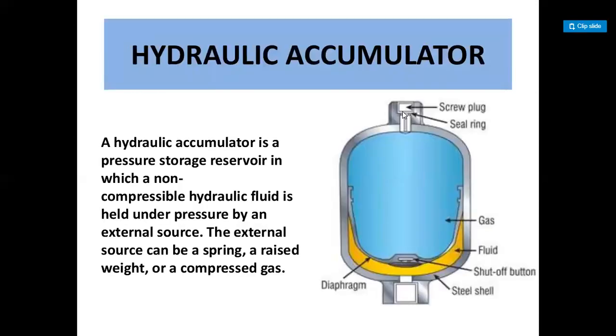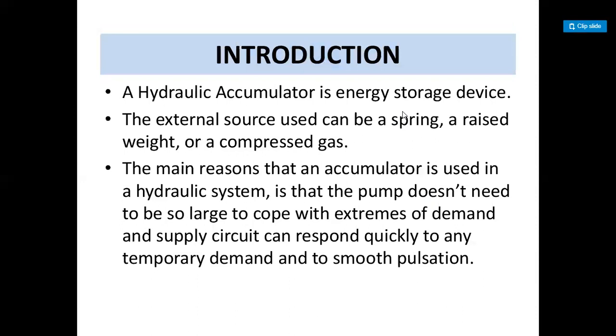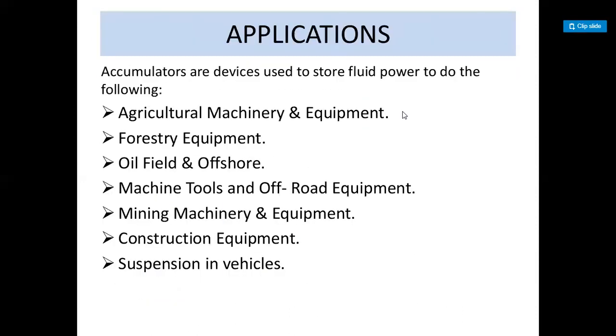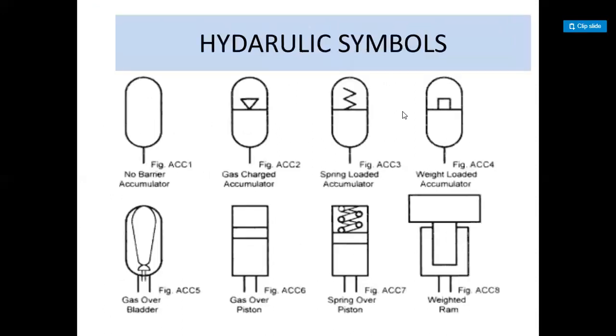So this is the hydraulic accumulator. You can see these are the hydraulic symbols. There is the no barrier accumulator, gas charged accumulator, spring loaded accumulator. In hydraulics there is spring, gas, weight, gas over bladder, gas over piston.